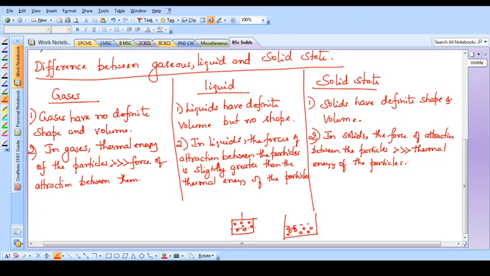So this is the second important difference between the three states of matter. Now the third difference, which I am going to tell, can be easily understood from the first two differences that we have discussed, that is the effect of pressure and temperature.